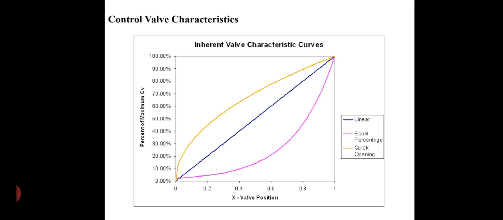Before going into the detail of these things, we'll summarize what we have studied in the previous lecture. In the previous lecture we started with the final control element, established the block diagram, and saw how the final control element will act.